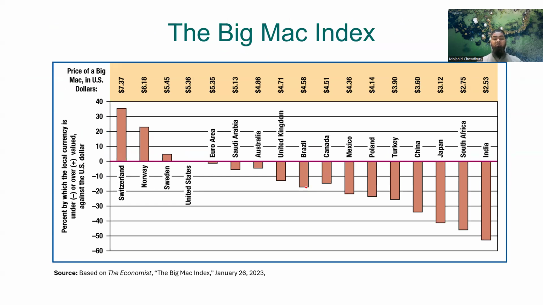And here we can see it is very easily understandable, this purchasing power parity, by an index which is called the Big Mac index. Actually, this index was not developed by McDonald's. It was developed by The Economist, the news magazine, based on McDonald's burgers.